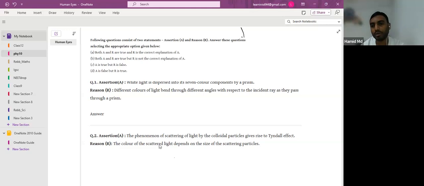So it is because of bending of light, not on the size of scattered particles. Clear? Yes, sir. So give me 1 second.